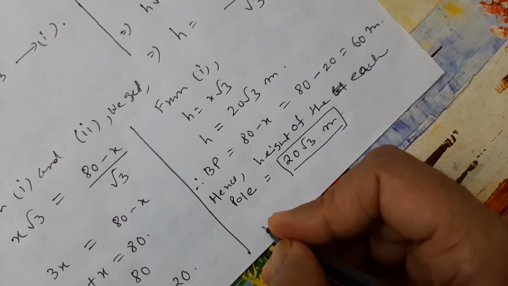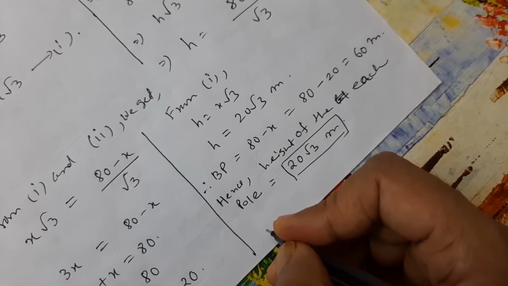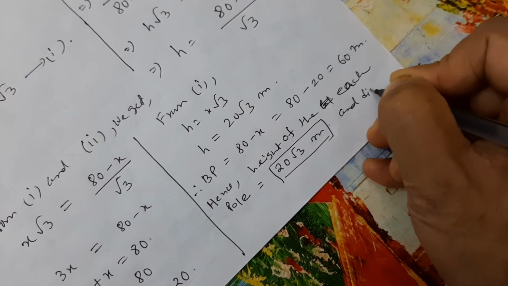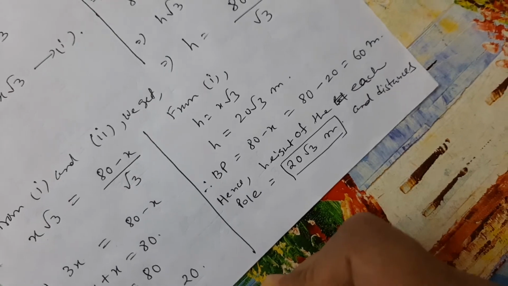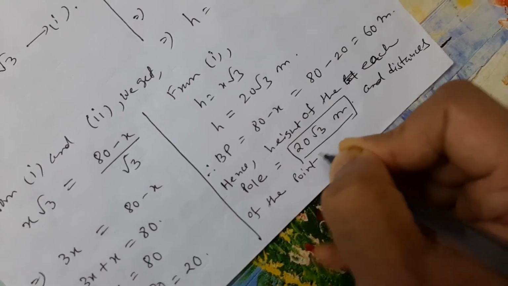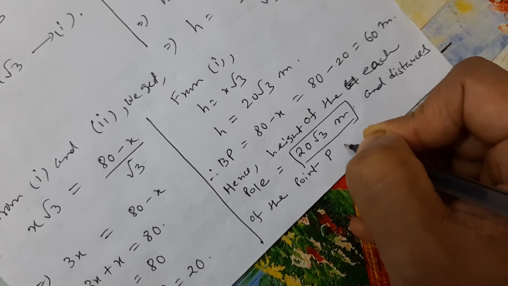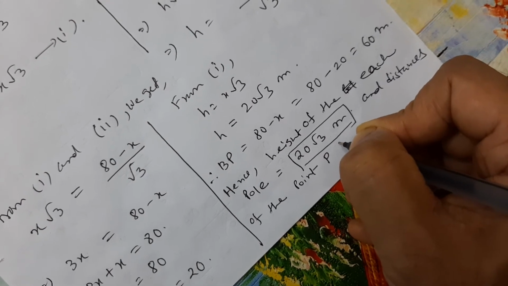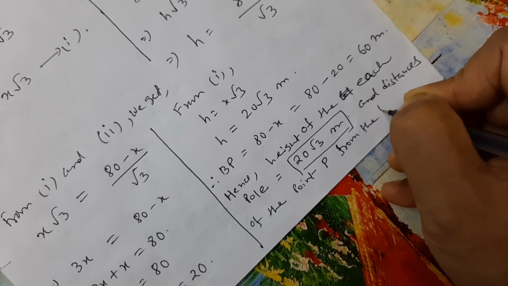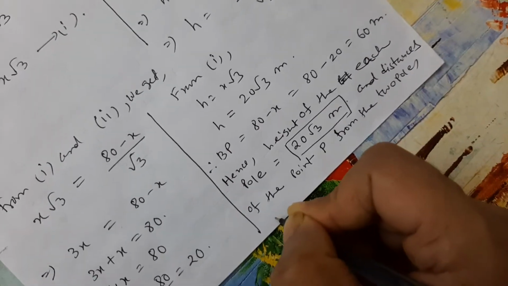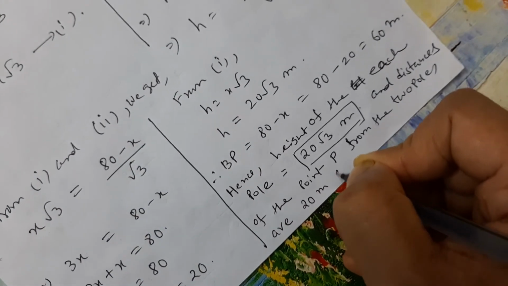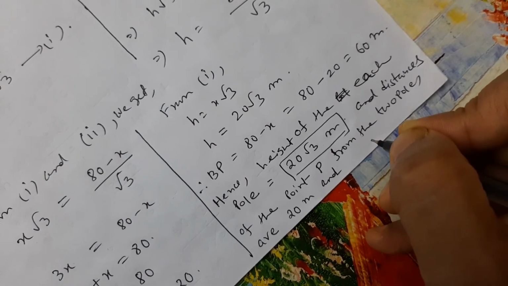And the distances of the point P from the two poles are 20 meter and 60 meter.